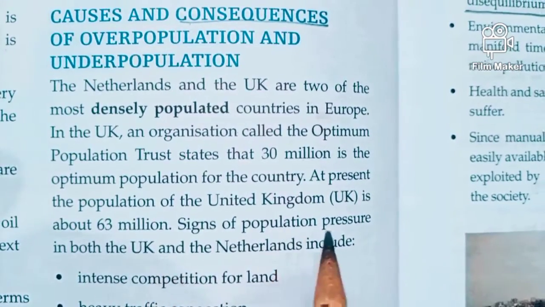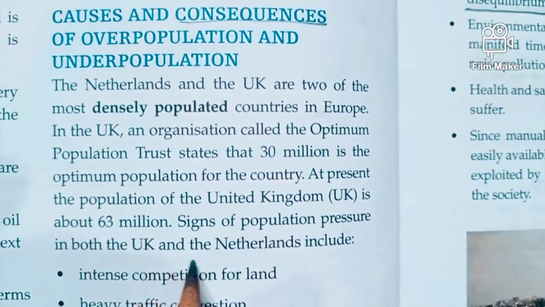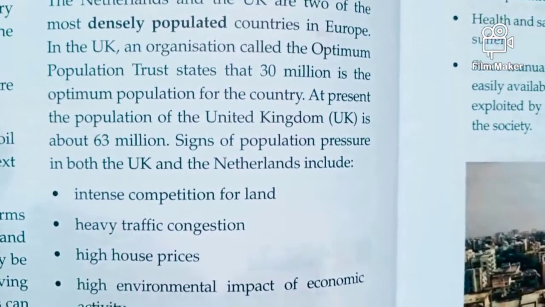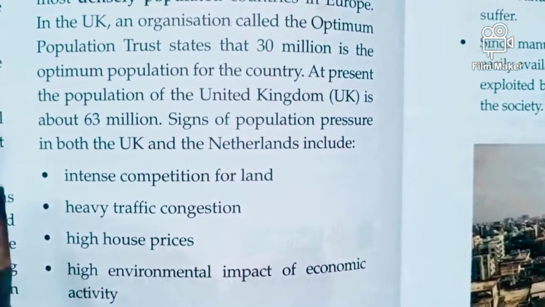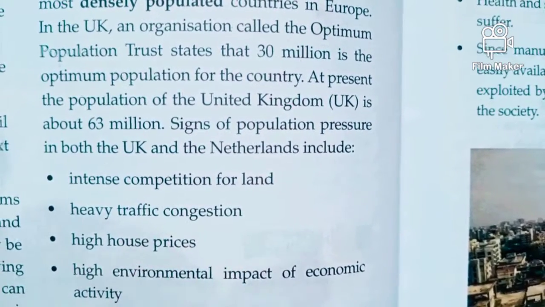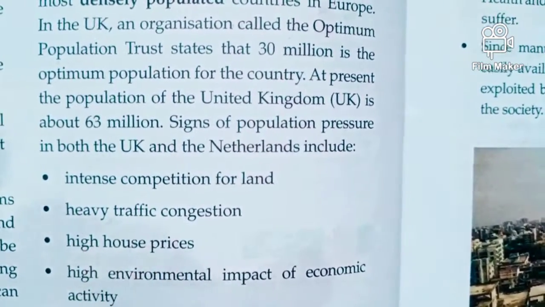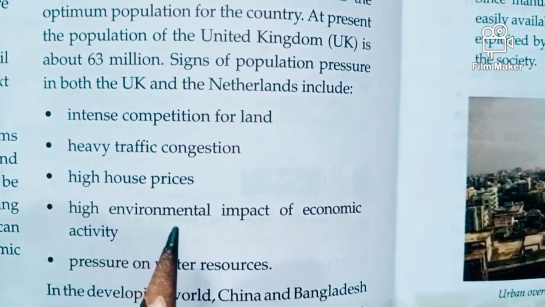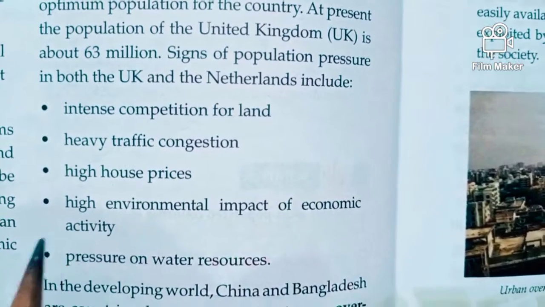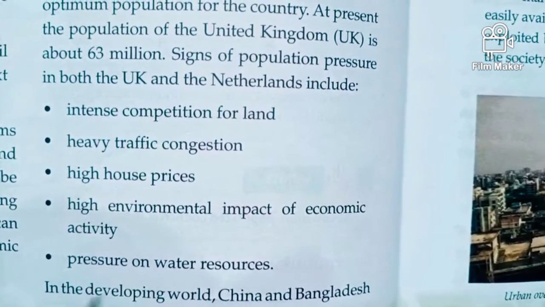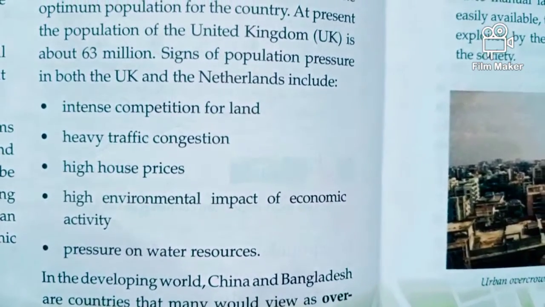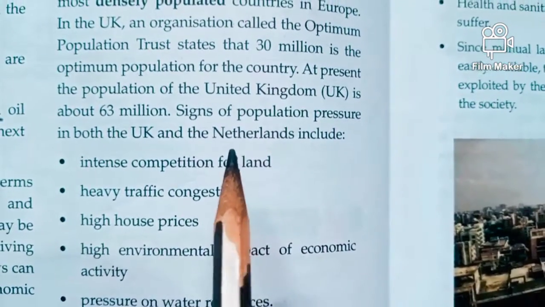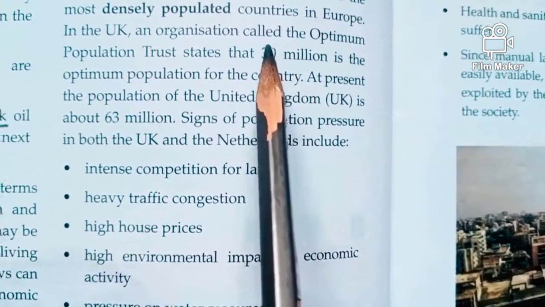The signs of population pressure in both UK and Netherlands include intense competition for land, heavy traffic congestion, high house prices, high environmental impact of economic activity, and pressure on water resources.